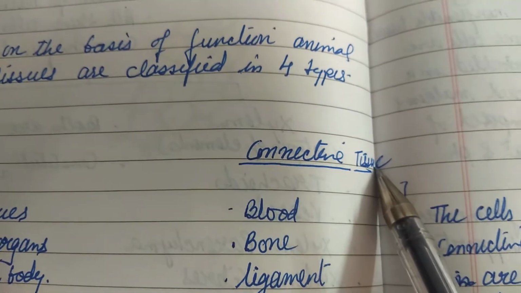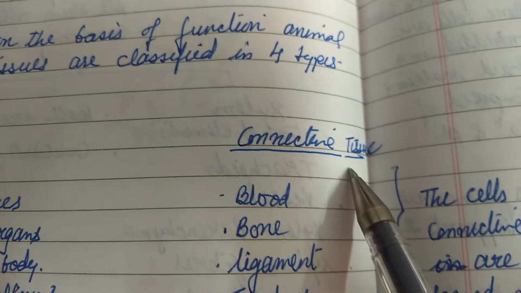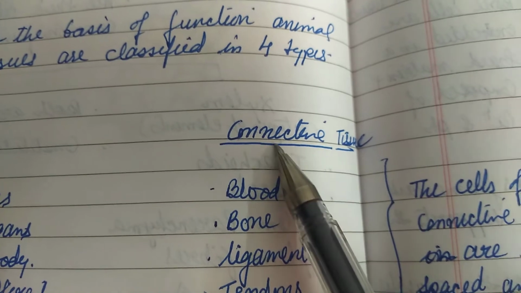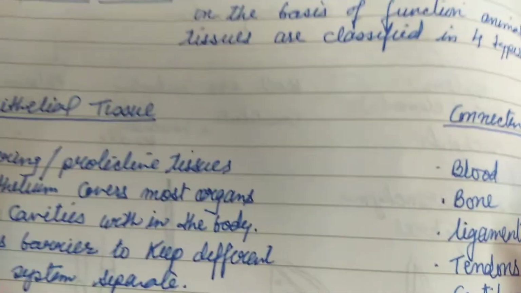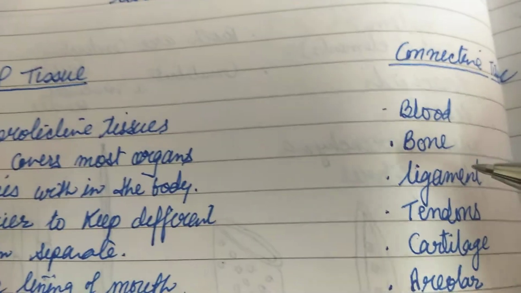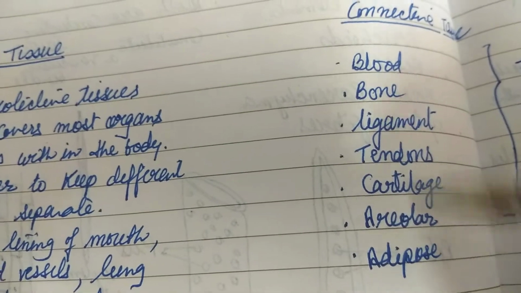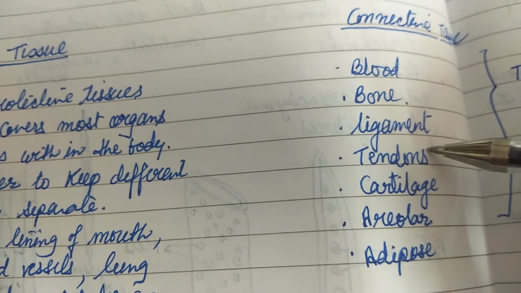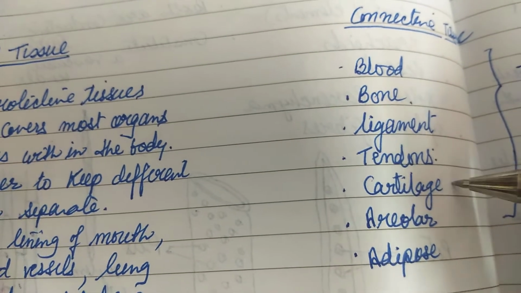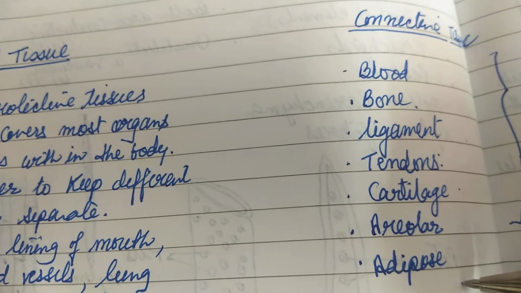As its name suggests, it acts as a connection. This connective tissue, we'll talk more about this. Now they are of almost 8 types: blood, bone, ligament, tendon, cartilage, areolar tissue, and adipose tissue.